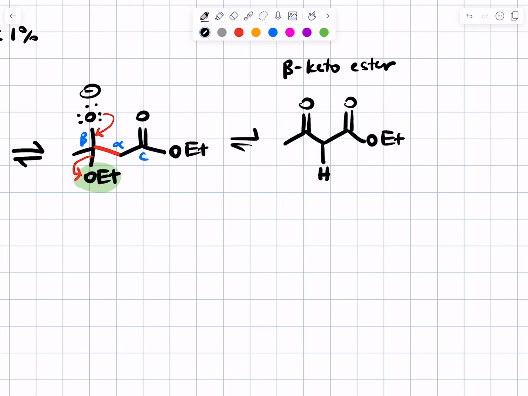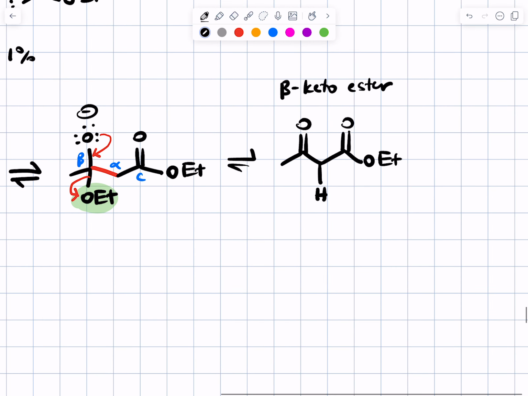And something now happens which couldn't have happened in the aldol reaction. Now that we've made this beta keto ester, this alpha proton is now relatively acidic. In fact, I think if we looked at the pKa table in chapter 17, this was around 13.